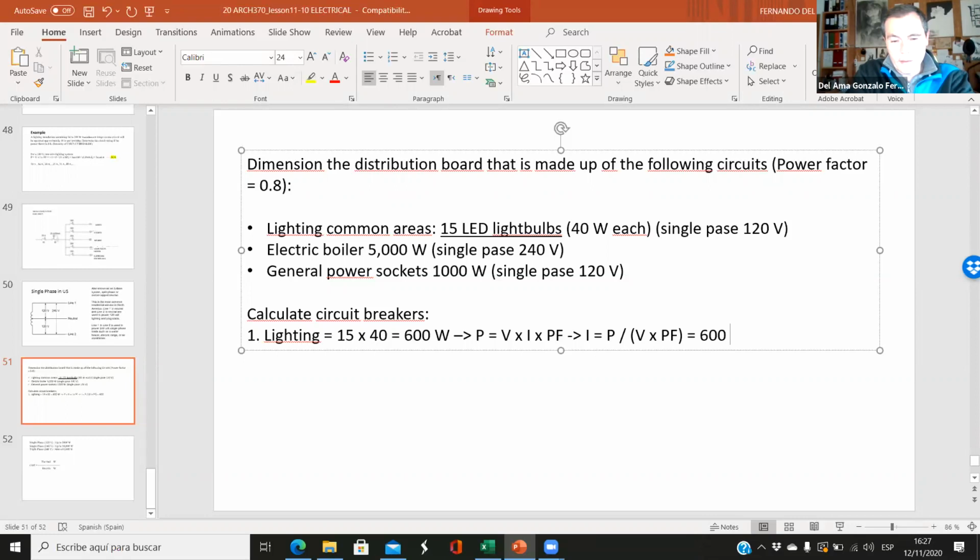The tension is 120, because this is what we have decided, single phase. The power factor is 0.8, which by the way has to be within the brackets.